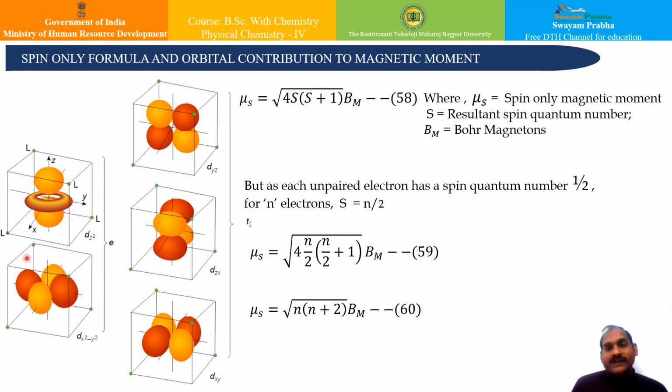Now in the free ion case, the electrons can be transformed between any of the orbitals. Why? Because they are all degenerate, but there will still be a partial orbital quenching. Why? Because the orbitals are not identical, and therefore the electrons in the T2g set do not always contribute to the orbital moment.